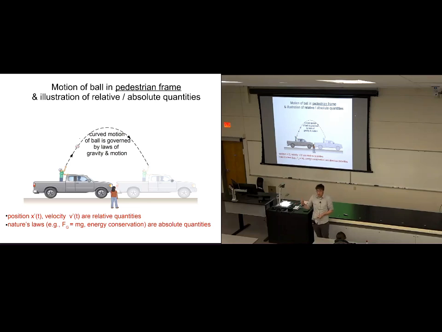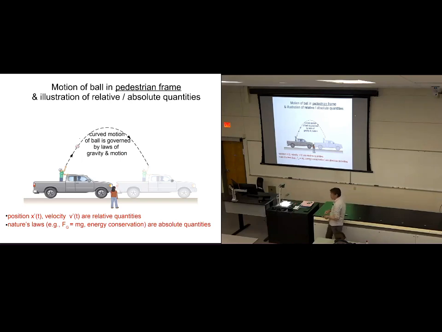So this is telling us that the position and velocity of the ball as a function of time are relative. The pedestrian, in their reference frame, with their coordinates, sees a different position as a function of time and a different velocity as a function of time. That's why I labeled this x and this v with the primes here.